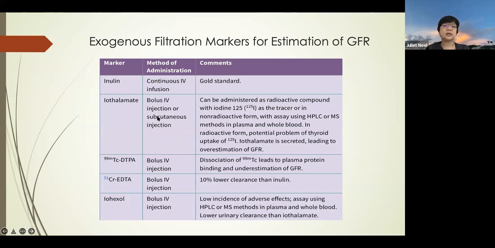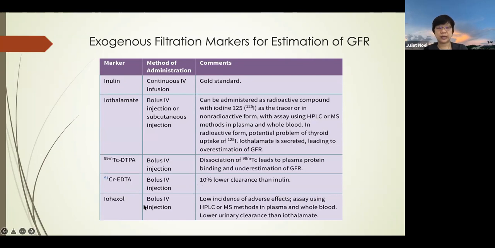Whereas the rest are given by bolus IV or sub-Q. The iothalamate can be administered as a radioactive compound with iodine-125. Whereas with technetium DTPA, dissociation of technetium-99 leads to plasma protein binding and underestimation. So the iothalamate is an overestimation, the technetium DTPA is an underestimation. The EDTA is 10% lower than the inulin.